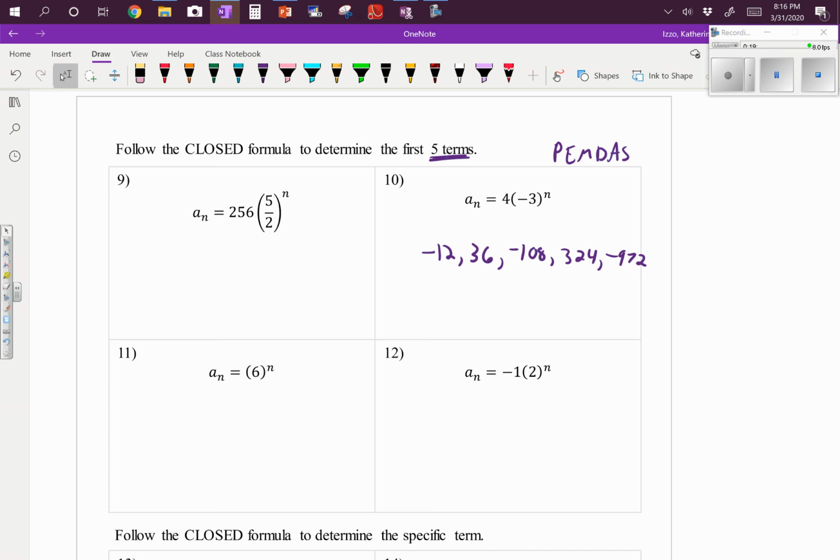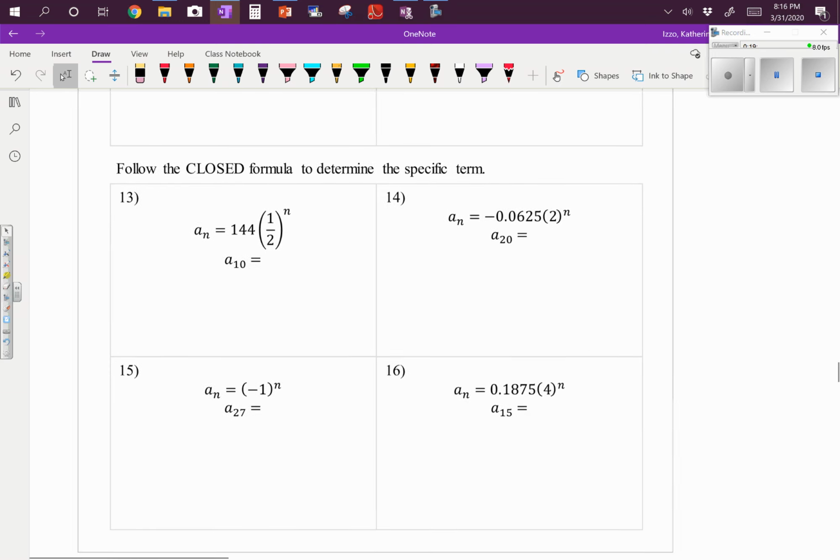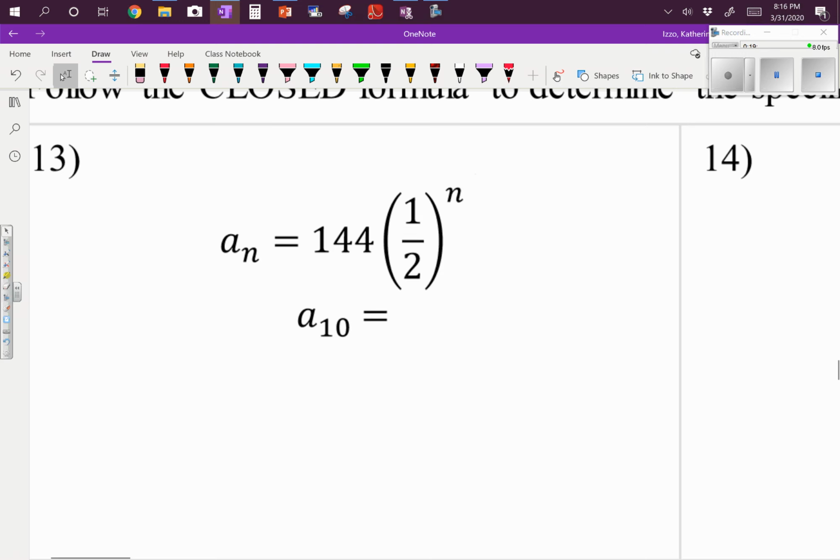As I say, best to use your calculator. Just plug it in. And then sometimes it's asking for a very specific term. So in this case, it's asking for 10. You would have to put 10 up here. And you plug that right into your calculator. So the parentheses buttons are on the left, down almost at the bottom, but not in the letters yet.